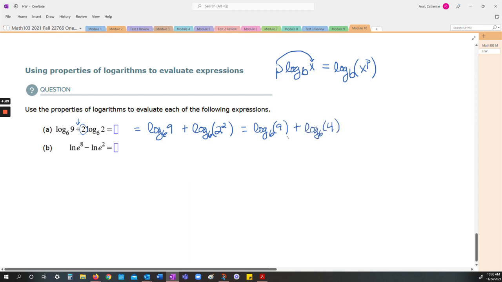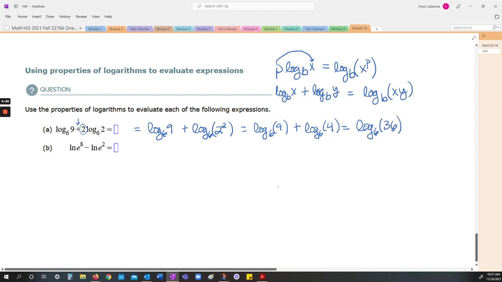Now we're going to use the product property in reverse. The product property says if you have log base b of something plus log base b of something else, you can write this as a single logarithm with the two things multiplied together. So this is log base 6 of 9 times 4, which is 36.